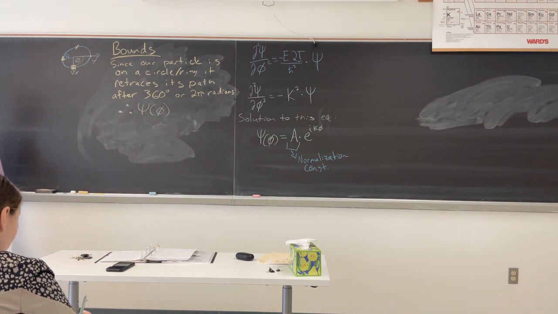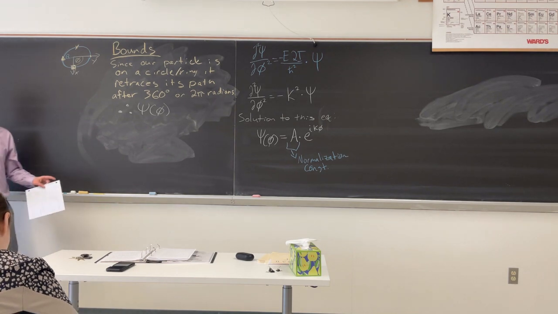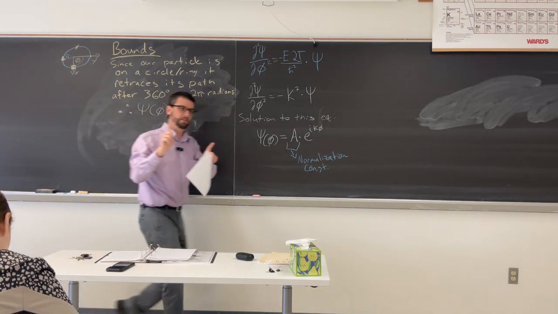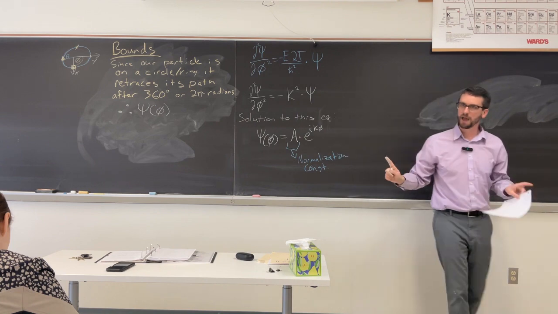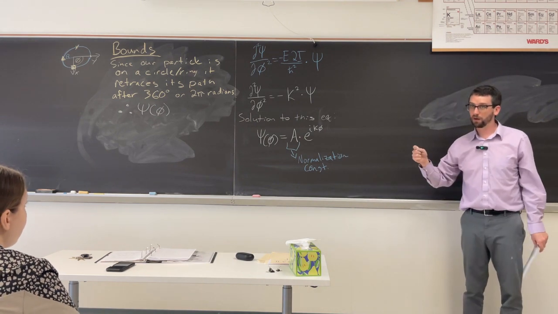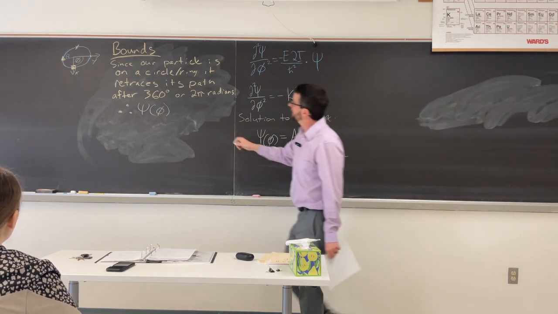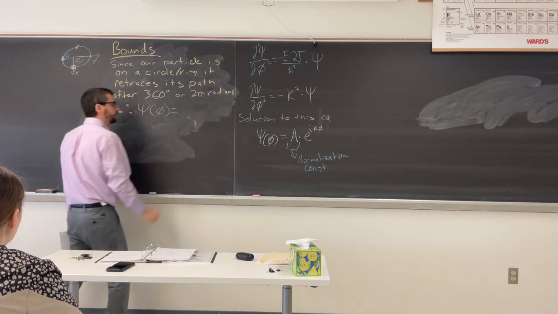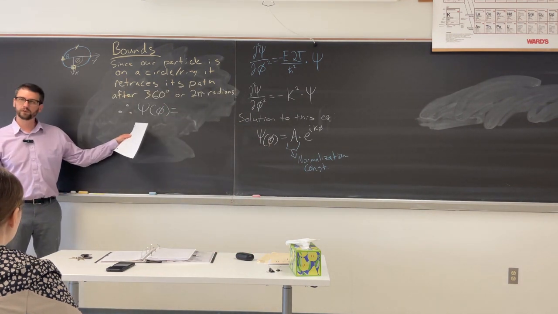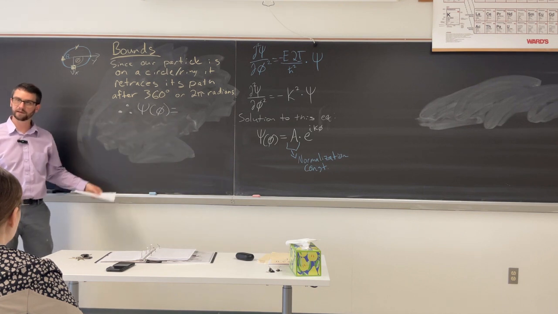So, keeping our bounds in mind. Remember when we were talking about particle in a box, it was like where the edges met. Here we could think about where our functions meet. What has to be true in relation to what we just said?